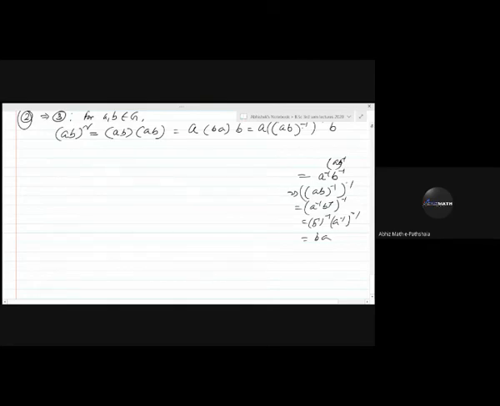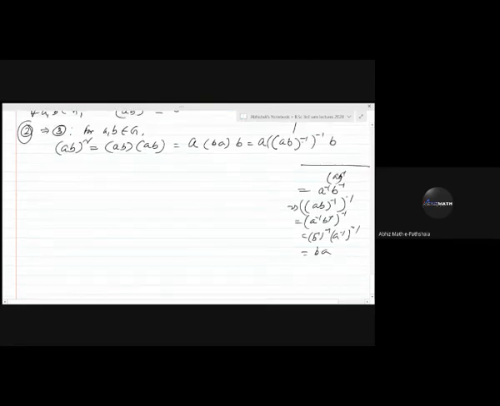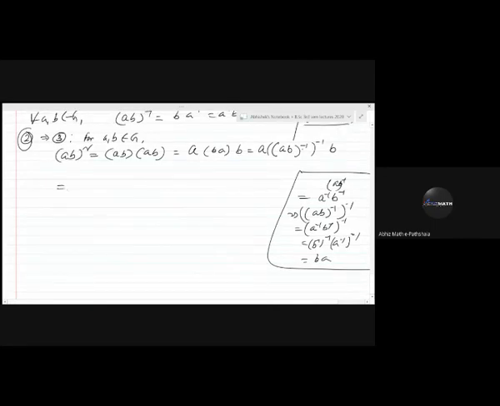And as we have seen in another result, inverse of a inverse is a.